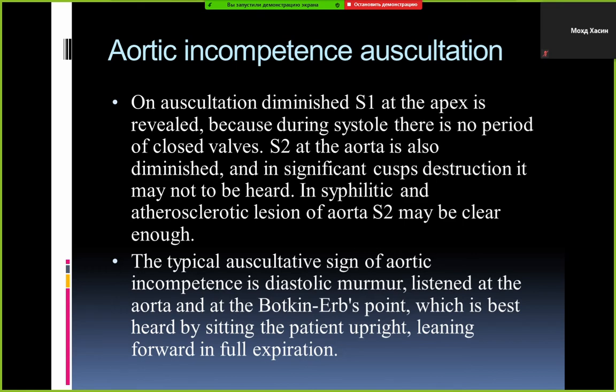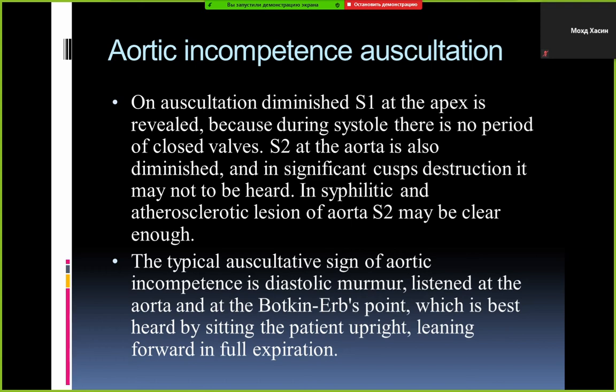S2 is also diminished because of incomplete closure of the aortic valve, but for example, in syphilitic and atherosclerotic lesions of the aorta, S2 may be clear enough, maybe even enhanced.